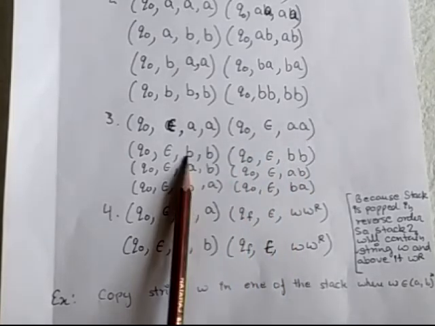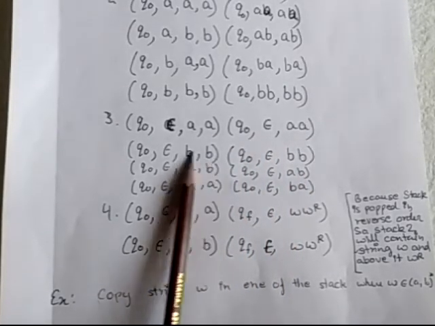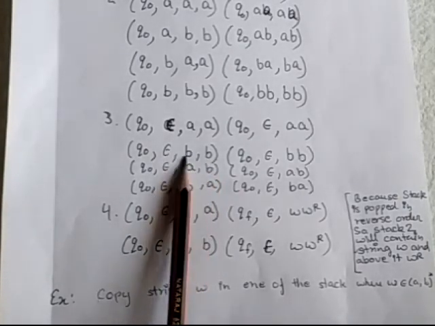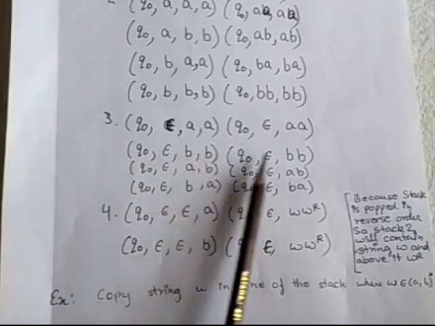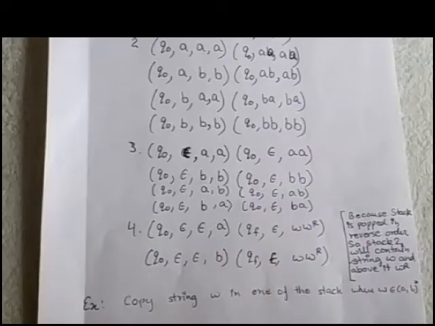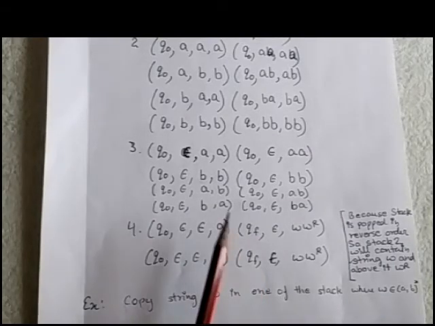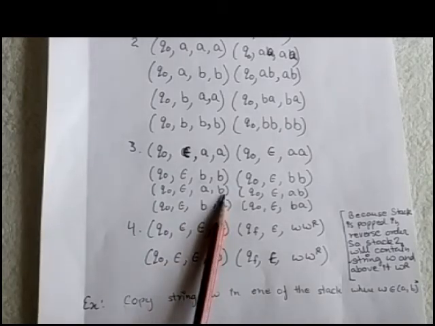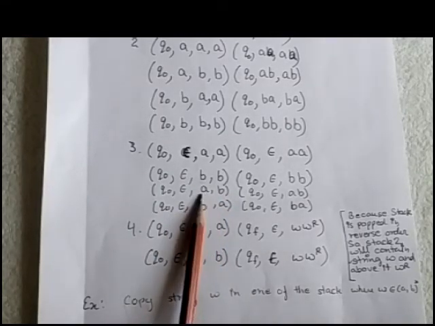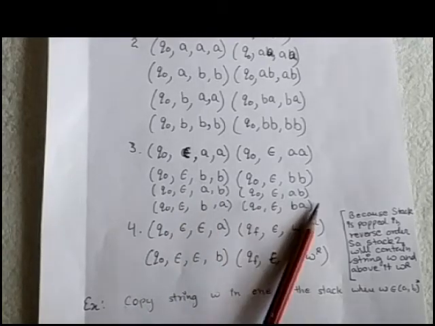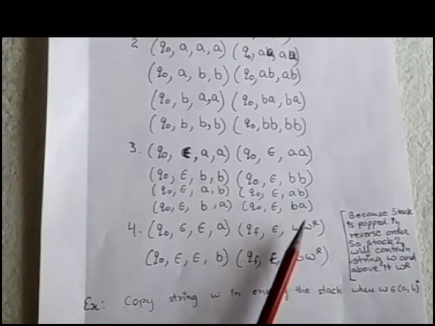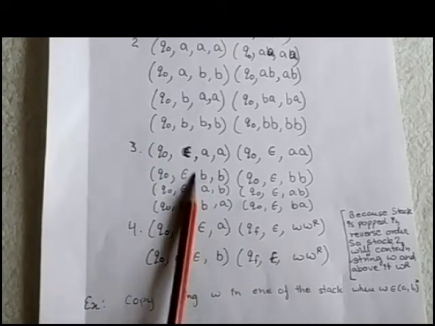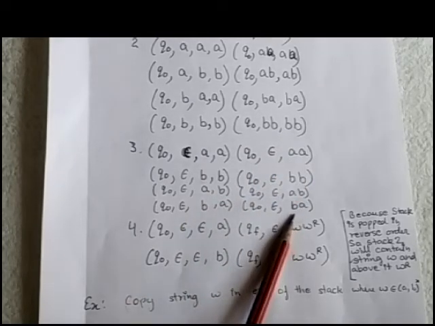Now the condition may be that both these stacks have top symbol B. Then we pop stack 1 and push it onto stack 2. Or the next condition may be that the top of stack 1 is A and the top of stack 2 is B. Then also we pop this symbol and push it onto stack 2. Similarly, using these steps we are popping stack 1 and pushing the corresponding symbol onto stack 2.